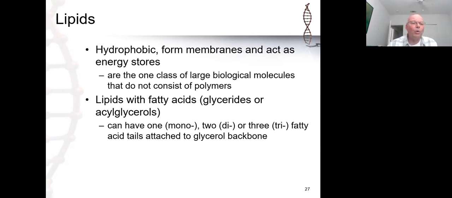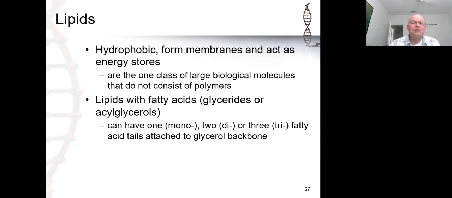They are very water-fearing, hydrophobic. Remember, that is the term that we used from chapter 3, our third presentation, to describe molecules that don't mix well with water. They are hydrophobic, and lipids, fats, are extremely hydrophobic because they are essentially pure hydrocarbon or near pure hydrocarbon. But they are not polymers.